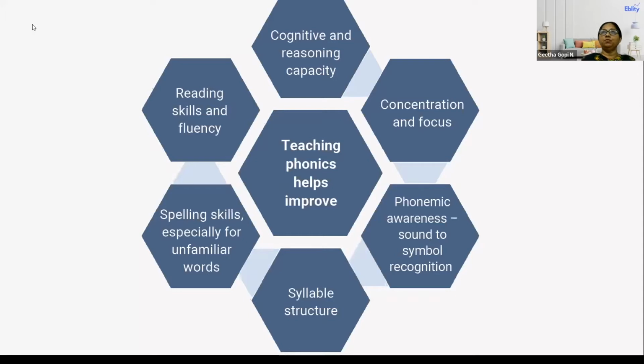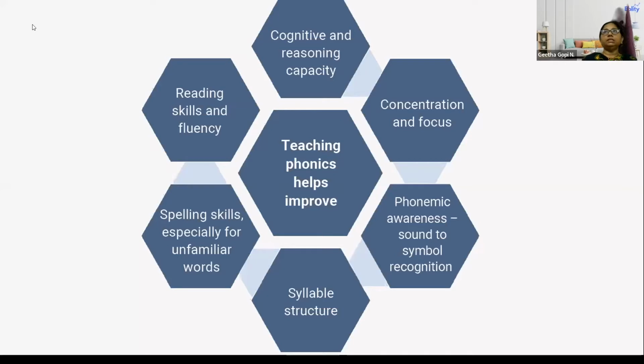If, for example, one word is written in a particular way and this is how you decode that word, another word in the same pattern can be read in a similar way. So a lot of cognitive and reasoning capacity building happens when you teach phonics. It also ultimately improves the overall reading skills and contributes towards more fluent reading.